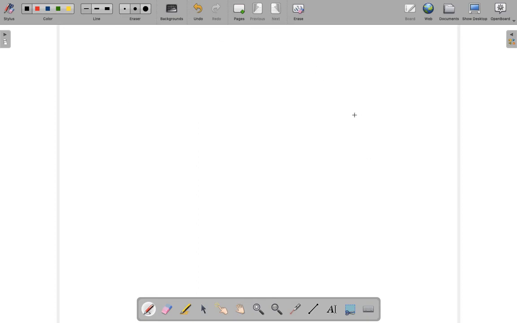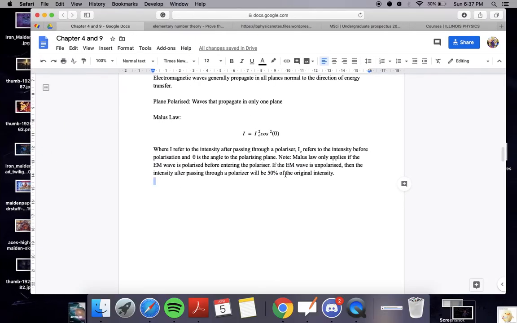And note, Malus's law applies only if the light that's passing through the polarizer was polarized before it entered, which means it must be in a single plane before it actually enters the polarizer. If it's unpolarized light, if it's not polarized on any plane, then the intensity after passing through the polarizer will be 50% of its original intensity.